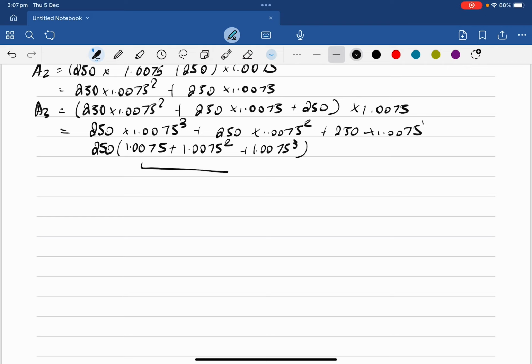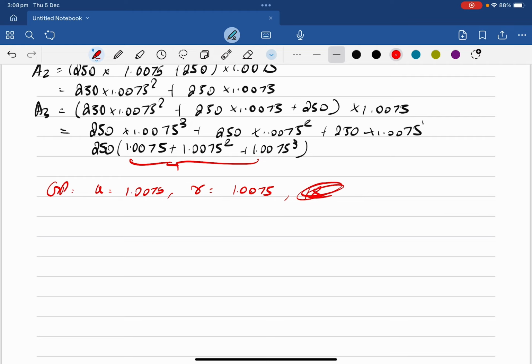And you see, this is a GP. A is equal to what? That's the first term of that GP. Your common ratio is equal to 1.0075. And how many terms do you want to go until?